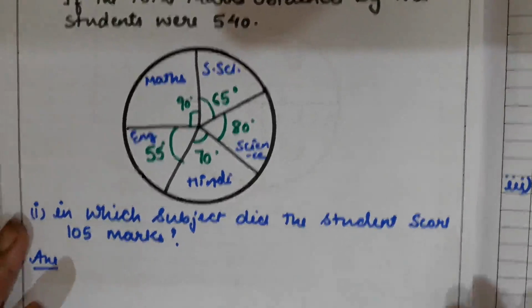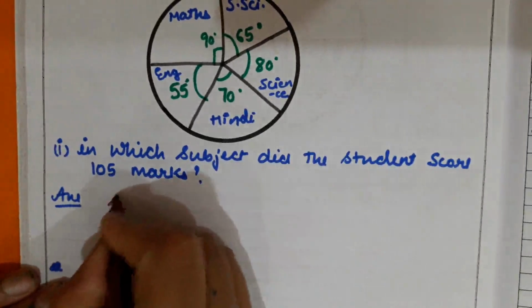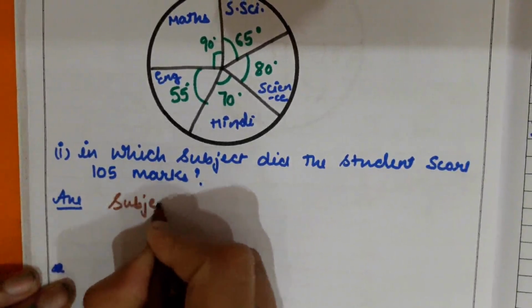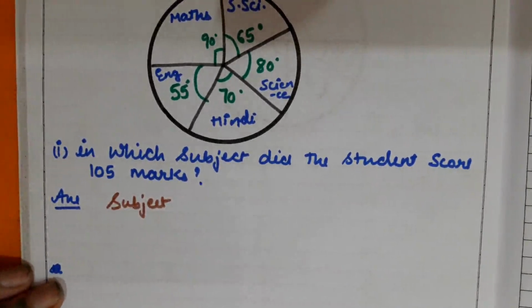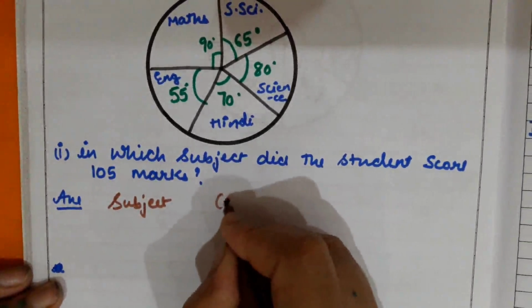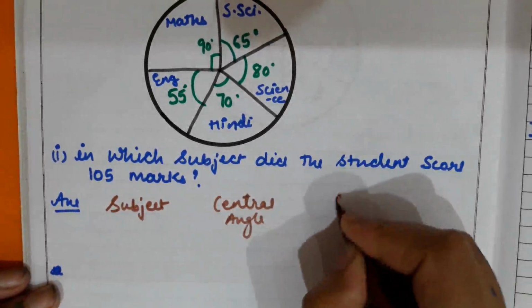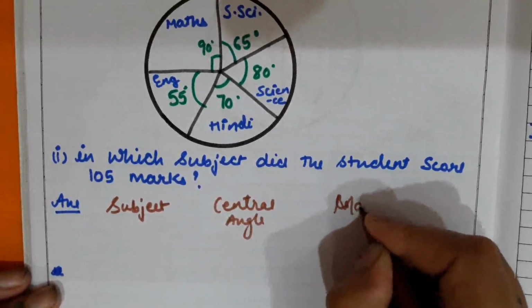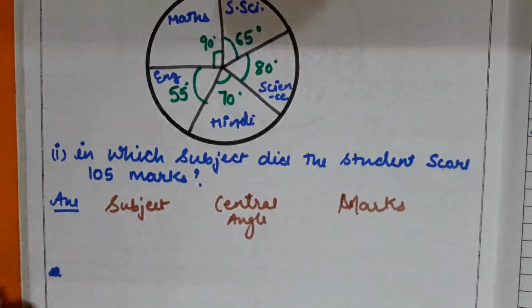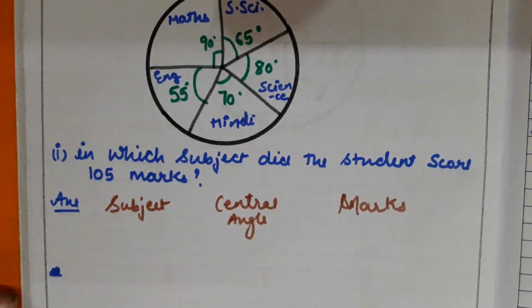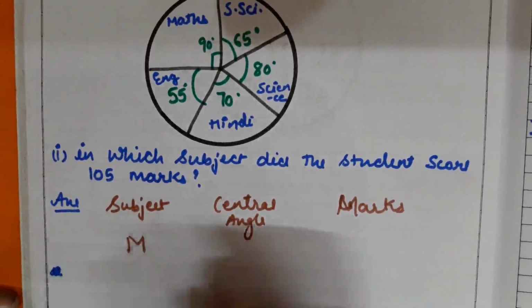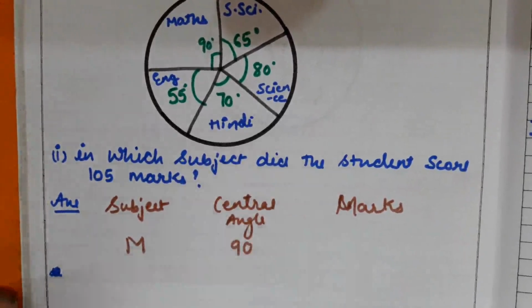So how can we find it? First of all, subject name is there, then central angle is given to you. This time you need to find out the marks. Suppose we have maths. First of all, the maths central angle is 90.